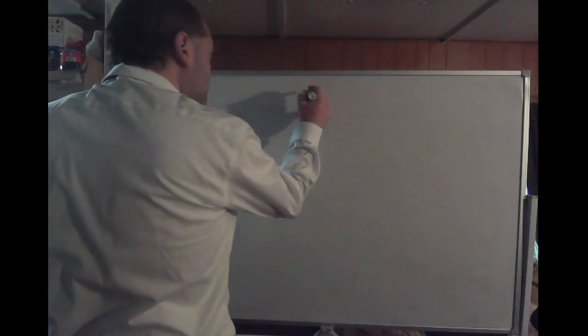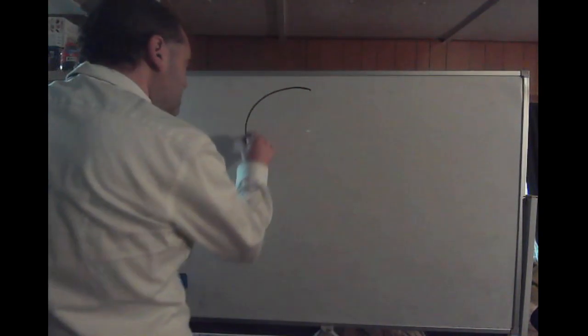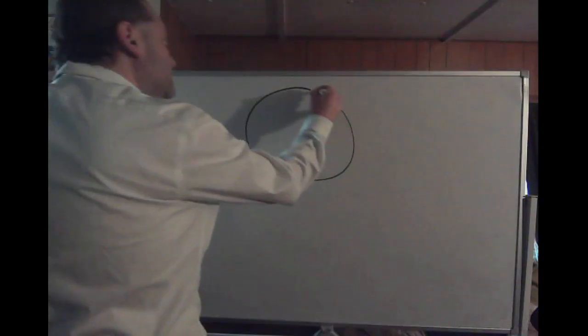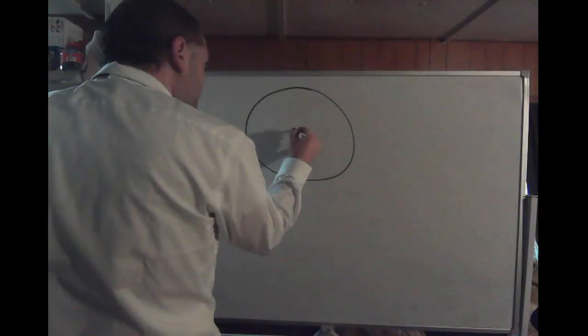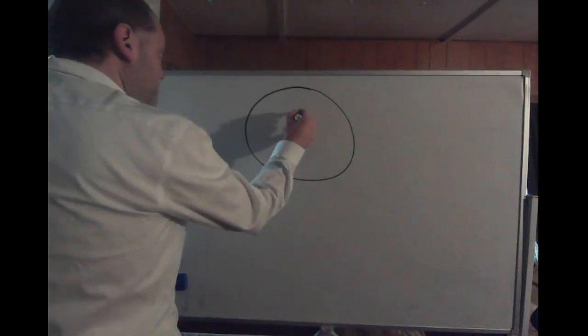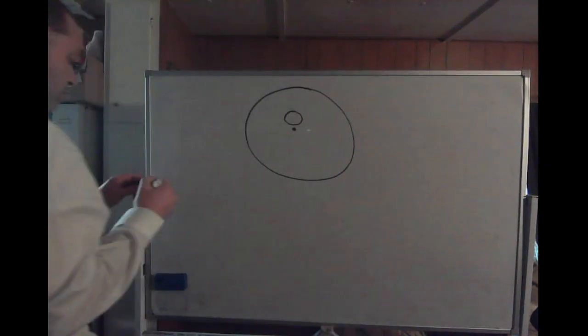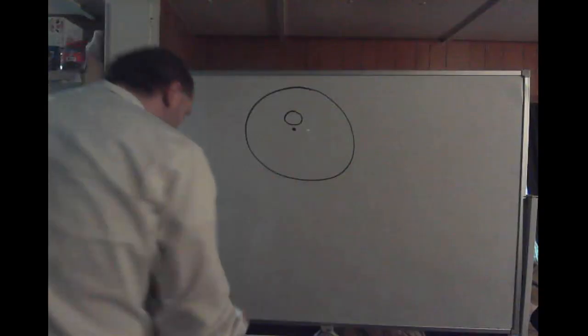Alright, we're going to do a few exercises here about tangents. Draw a nice big circle so we can see exactly what we're talking about. This will be point O up here for the origin, for the center.